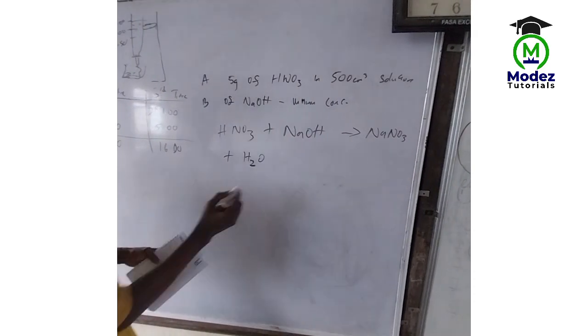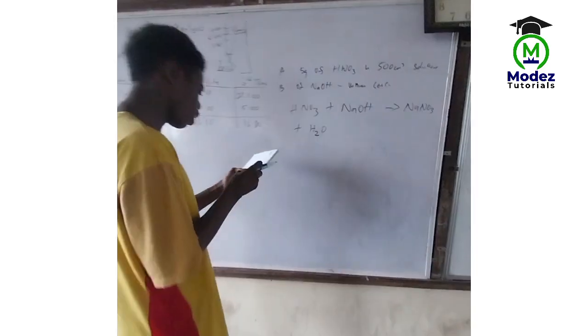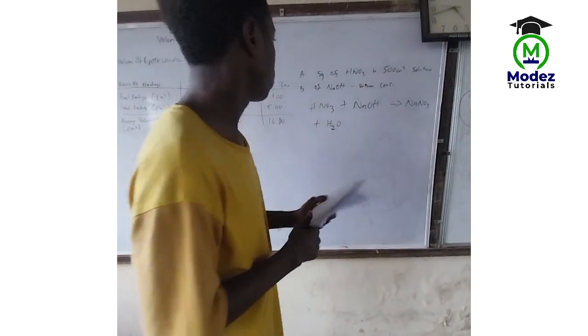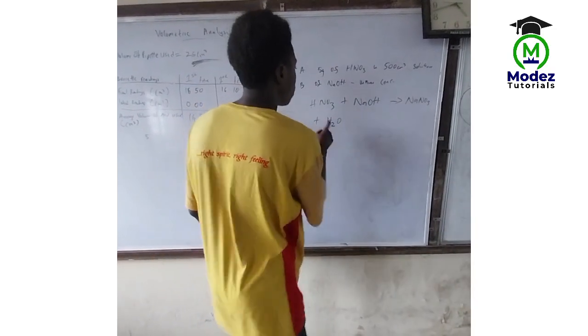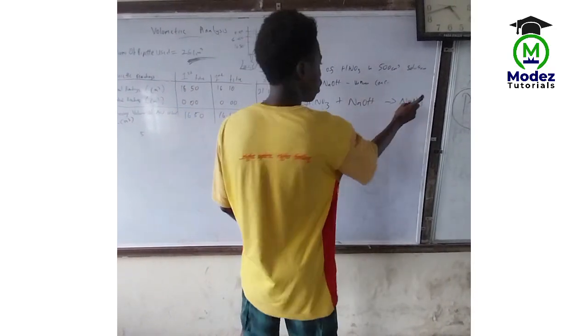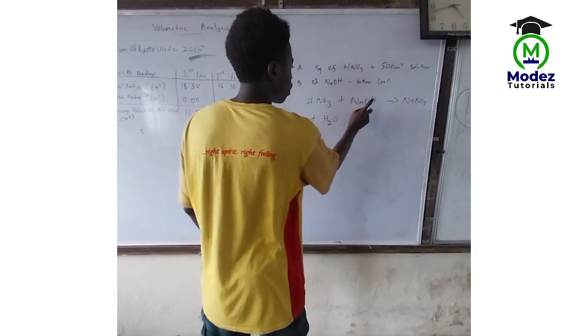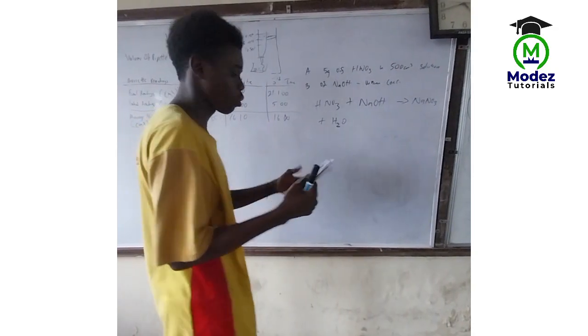This is an example of a neutralization reaction, just so you know. The equation is balanced. You have 2 hydrogen, 1 nitrogen, and 4 oxygen on each side. Everything is balanced. So now let's go to the question.